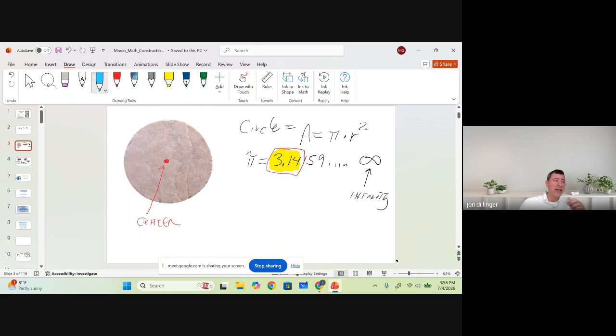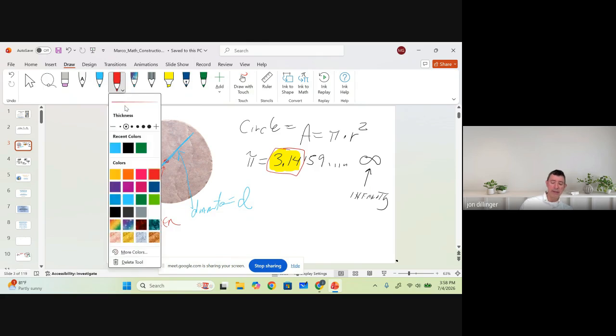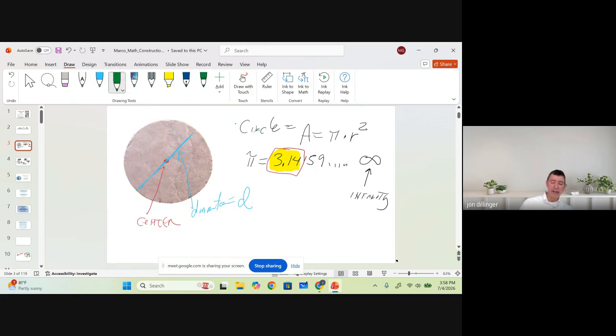The longest line that you may inscribe within a circle is the diameter, and this is noted as the letter D. And from the center point outwards, this is the radius, noted as the letter R.